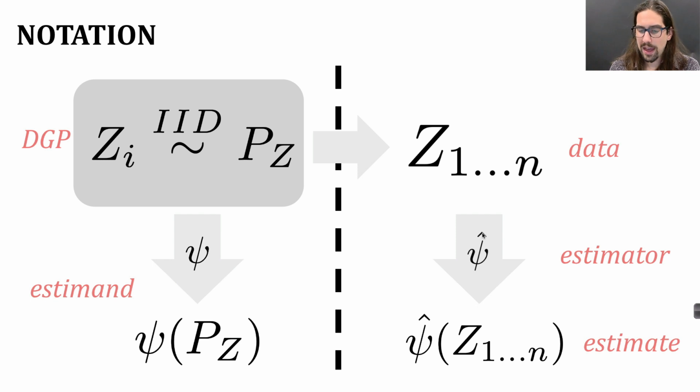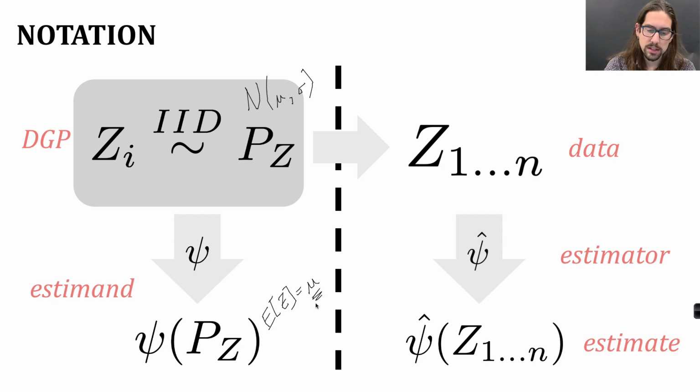When we put the hat over something, and different people use different notations, generally you might see, say, I'm assuming that this is some normal distribution, and what I want to estimate is the expected value of Z. The expected value of Z from a normal distribution with mean mu and standard deviation sigma is just going to be mu.